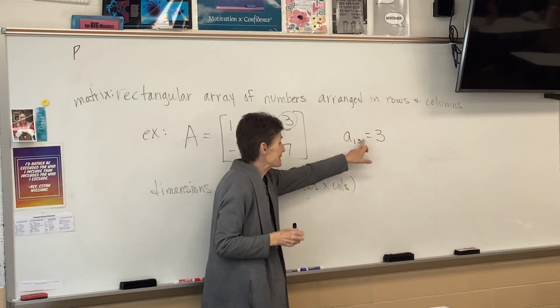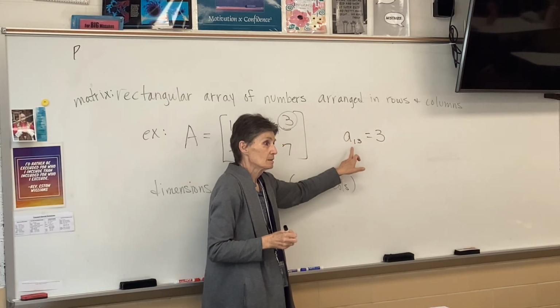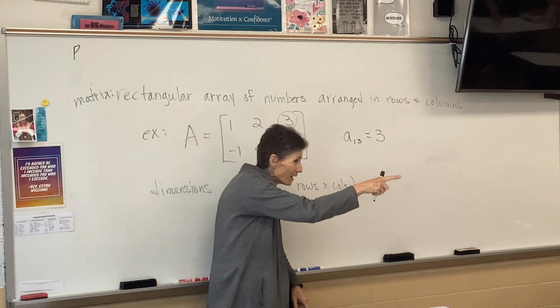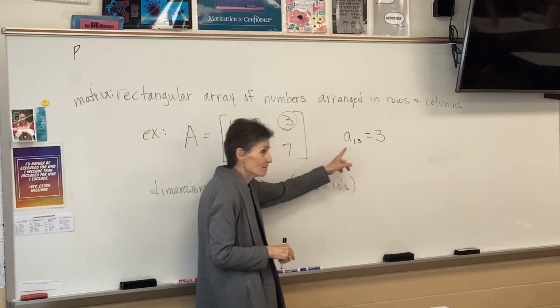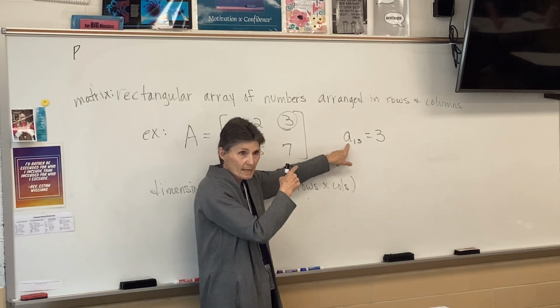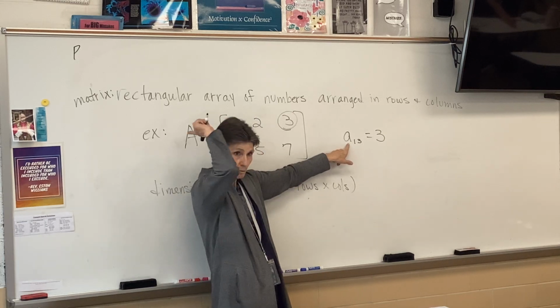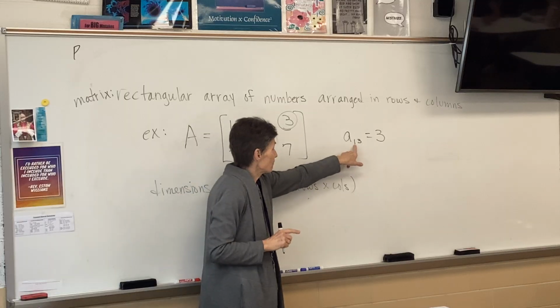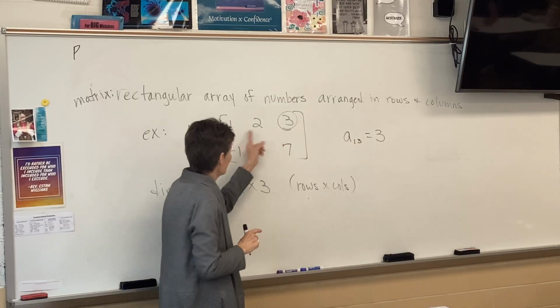What do you think this means? Row 1, column 3. So I'm looking in matrix A, lowercase a directs me to matrix A, first row, third column.